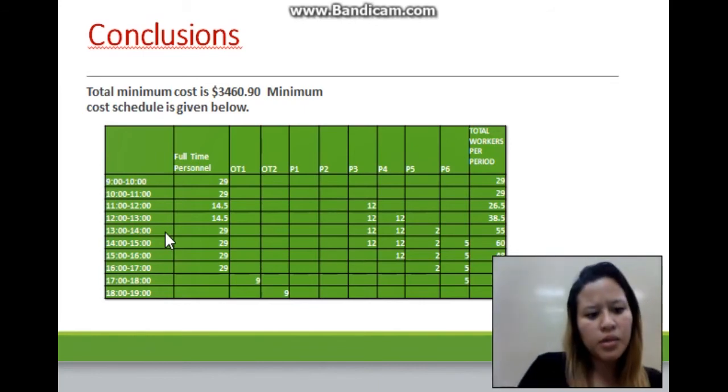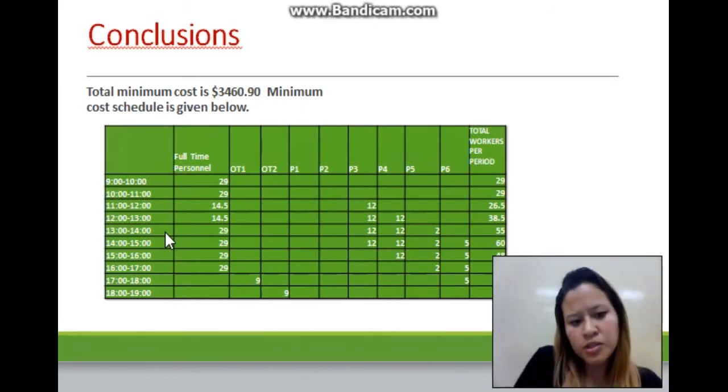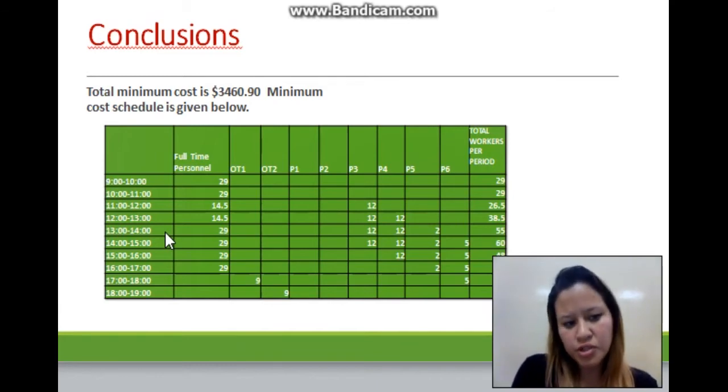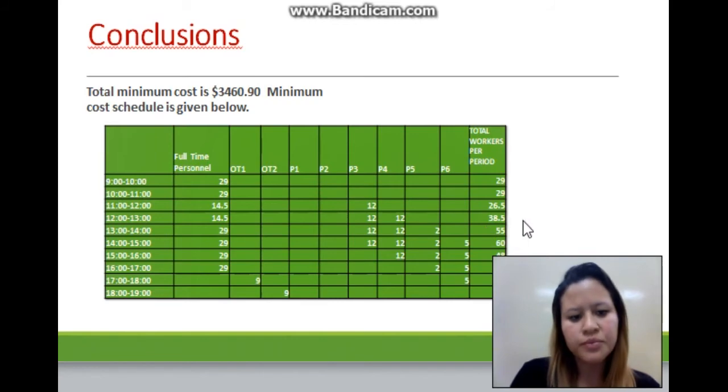14.5, but in this case 12 part-time workers of B3 and 12 of B4 will also be required, which gives a total of 38.5 for this period.